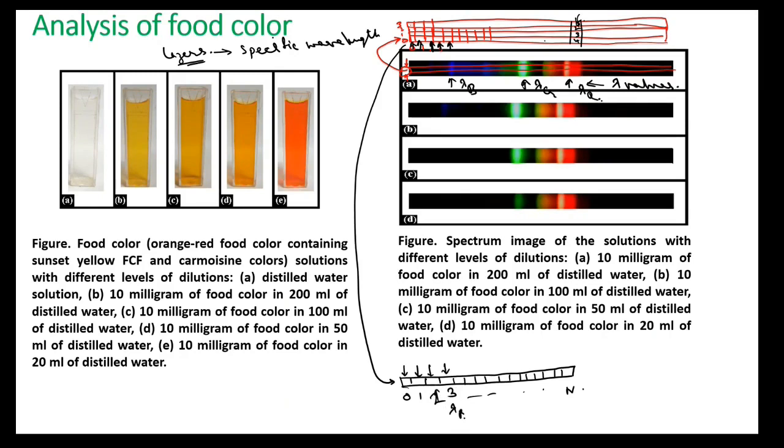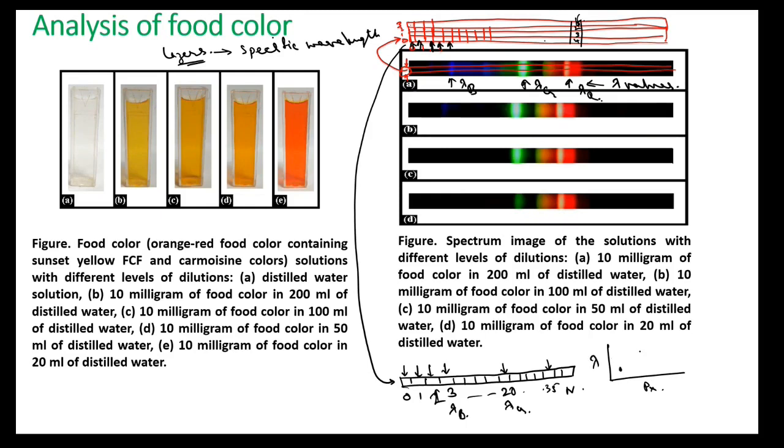Lambda green, say it comes at around the 20th position. And lambda red comes at around say 35. So you can plot a linear thing where we have a relationship between the pixel values and the wavelength.